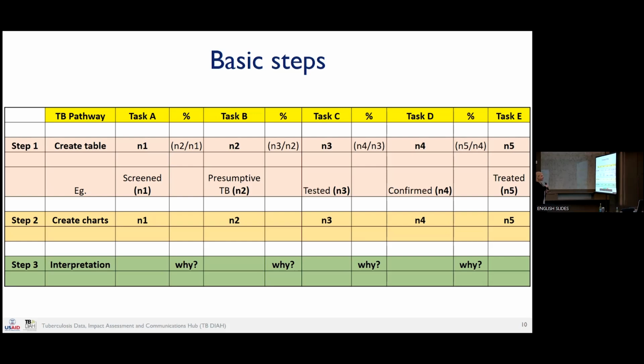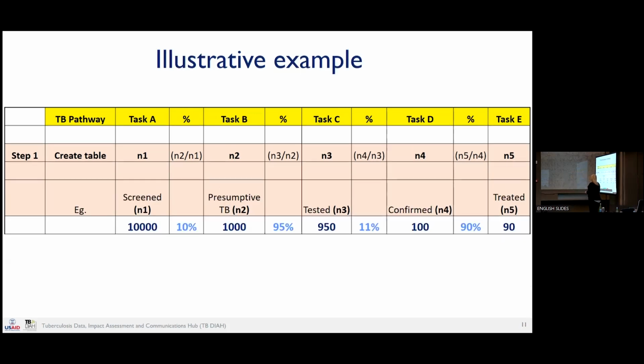Now, what do we do to start with the cascade analysis? First of all, we collect relevant data into the table. If it's the cascade analysis of the diagnosis, then we collect the relevant data. If it's a cascade analysis of the treatment, then we need some different data and different variables.